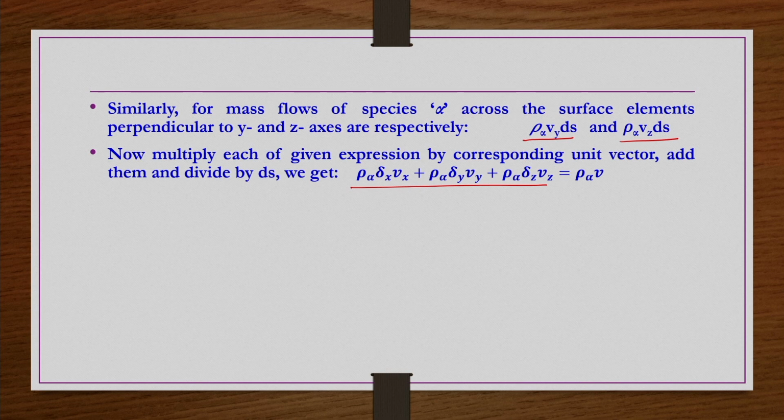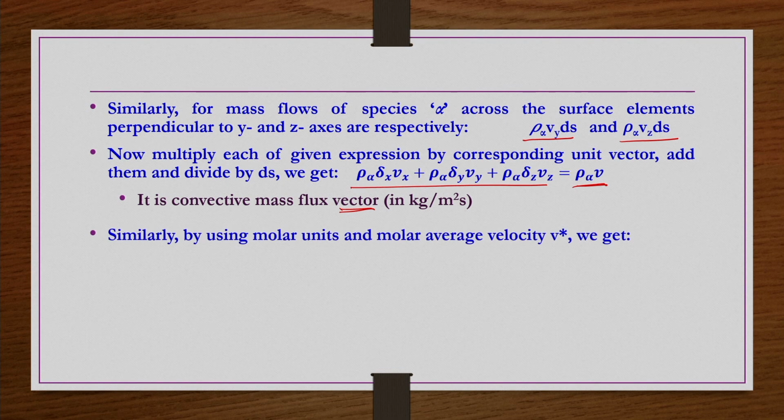So, this we can write as rho alpha V, and this is nothing but the mass flux because of the convection. So, it is the convective mass flux vector, generalized one, in kg per meter square second. Similarly, we can write using molar units and the molar average velocity V star, then we get C alpha delta x Vx star plus C alpha delta y Vy star plus C alpha delta z Vz star, which is nothing but C alpha V star.